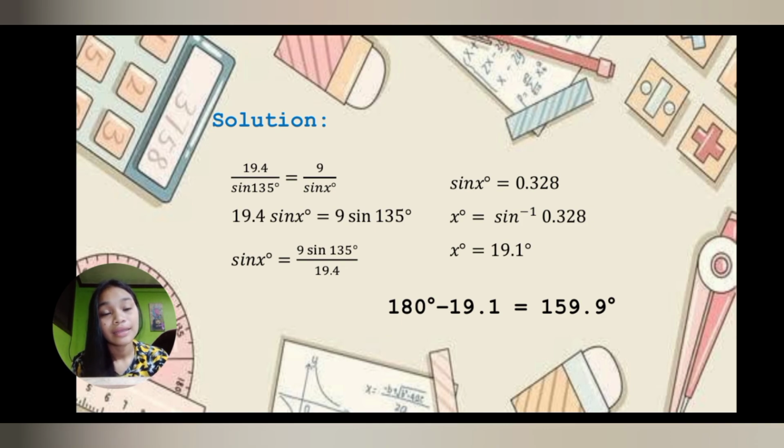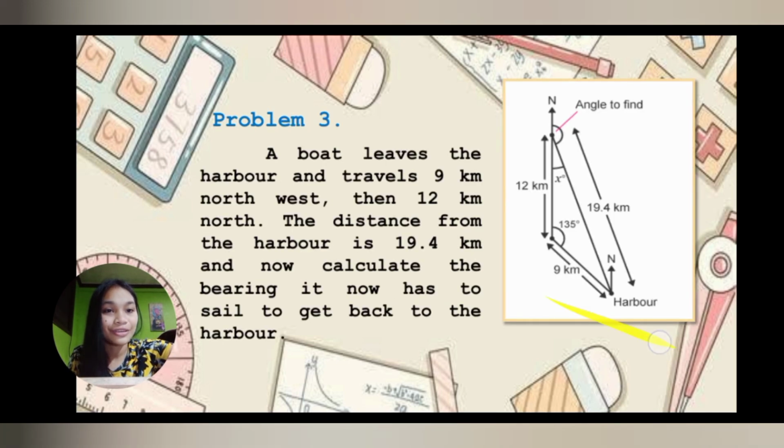Sine x equals 9 sine 135 degrees divided by 19.4, which is 0.328. Then x equals sine to the power of negative 1 of 0.328, so x is 19.1 degrees. Then 180 degrees minus 19.1 is equal to 159.9 degrees. So that is the bearing it now has to sail back to the harbor.